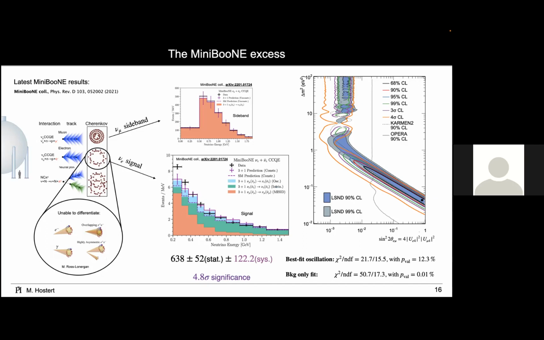If you were to have a 85% exclusion, that would be excluding the best fit model in oscillations. So that's one thing to keep in mind, is that definitely the background only hypothesis is excluded, so something is going on, but oscillations do not perfectly explain your data as well. So that's the conclusion here.